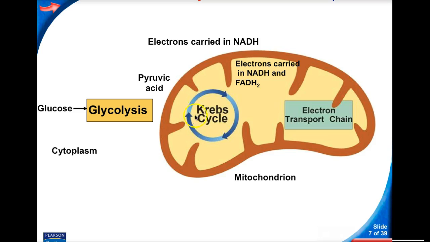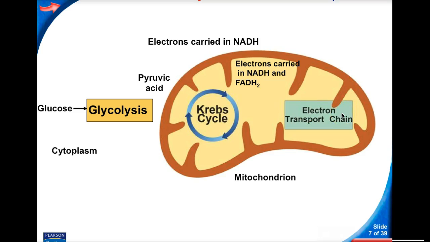And basically those electron carrier molecules that were produced in the first step of glycolysis and produced in the second step of the Krebs cycle are going to now enter into a third phase of cell respiration called the electron transport chain. And the electron transport chain, or commonly called the ETS, electron transport system, is going to use the energy from those electrons out of the electron carrier molecules, NADH and FADH2, to produce more energy.